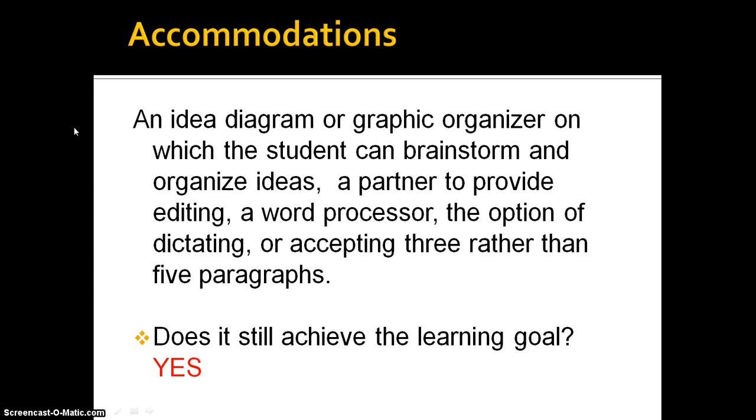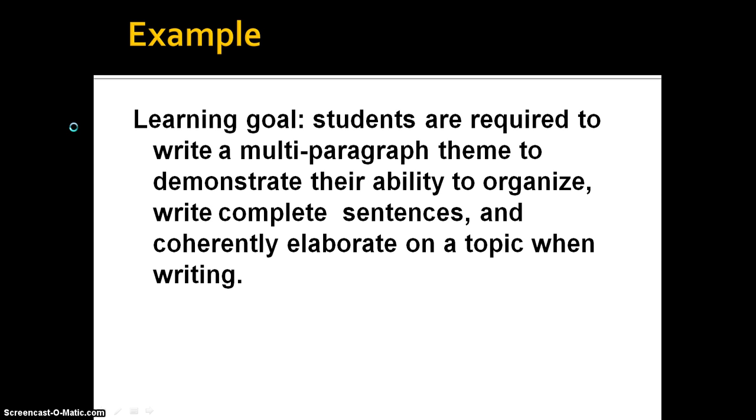So some accommodations that may go along with this, depending on the disability: an idea diagram or graphic organizer on which the student can brainstorm and organize ideas, a partner to provide editing, a word processor, the option of dictating, or accepting 3 rather than 5 paragraphs. So thinking about that learning goal, is it still being achieved? Absolutely. All those accommodations still allow the student to achieve this learning goal.